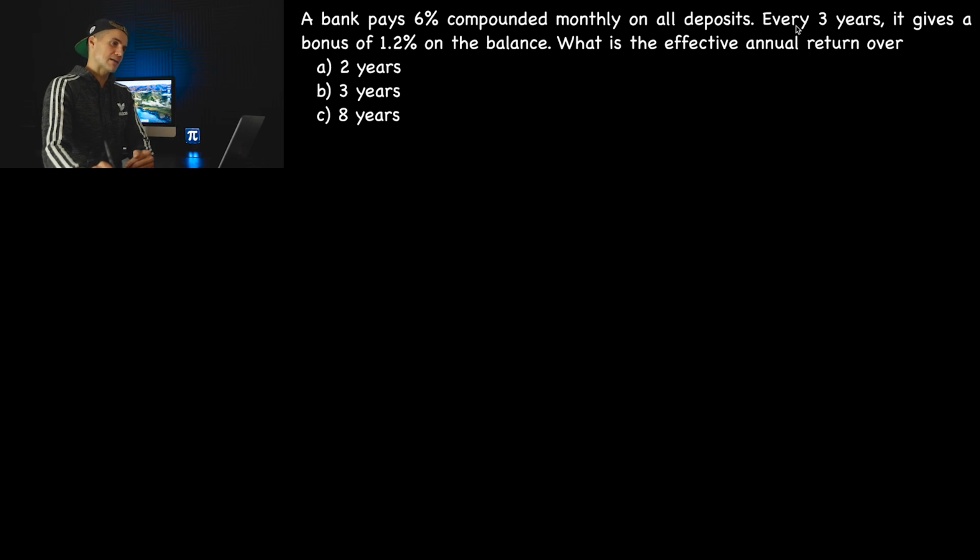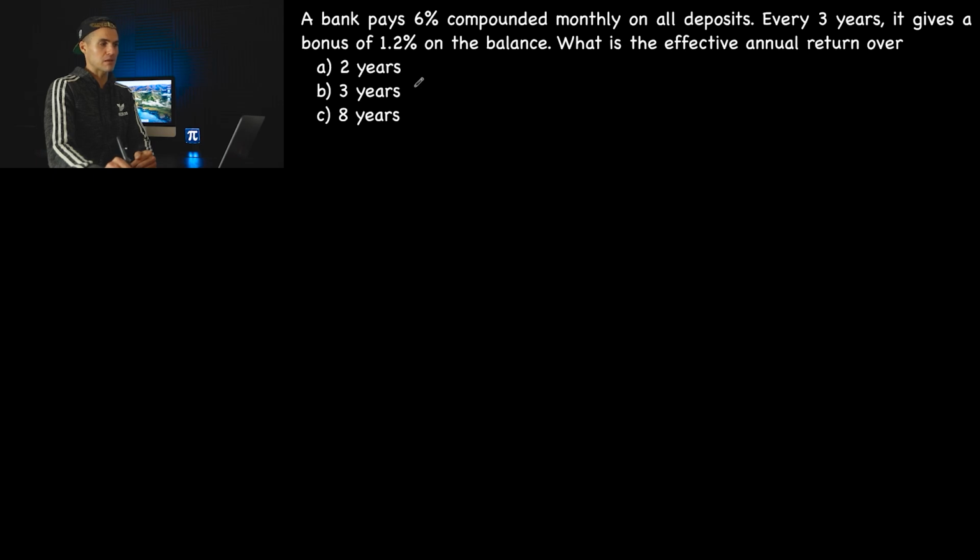First thing is that it's saying that every 3 years you're getting this bonus of 1.2% on whatever you have in the account. So notice that in part A, we're not going to have to worry about this 1.2% because it's happening every 3 years, and in part A we're just doing 2 years, right? We're not going to get that bonus. However, for parts B and C, we're going to have to incorporate that 1.2%.